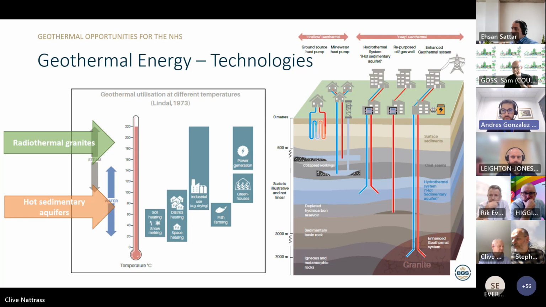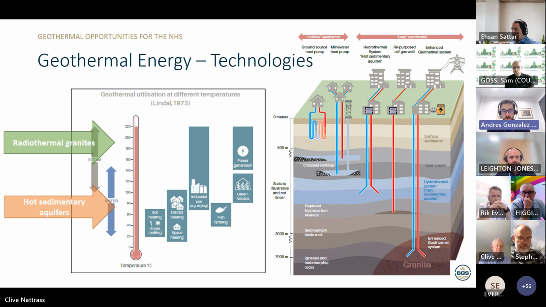And the final type of technology is the use of the heat in granite. So we have some examples in the southwest, in Cornwall, United Downs, and Eden Geothermal. So it's usage of these granites, usually fractured, that allow the flow of water. If we look at the figure at the left, we see the two different ranges of temperatures that could be used.